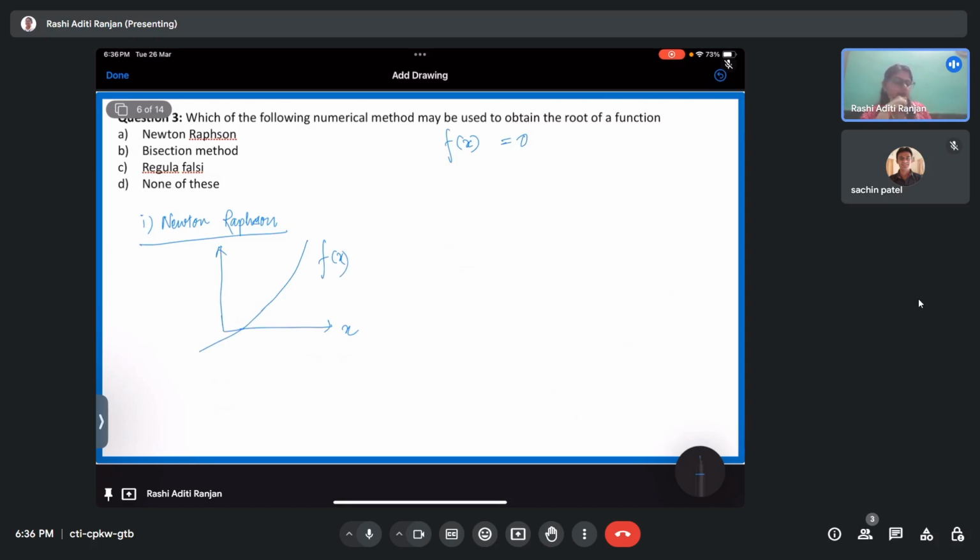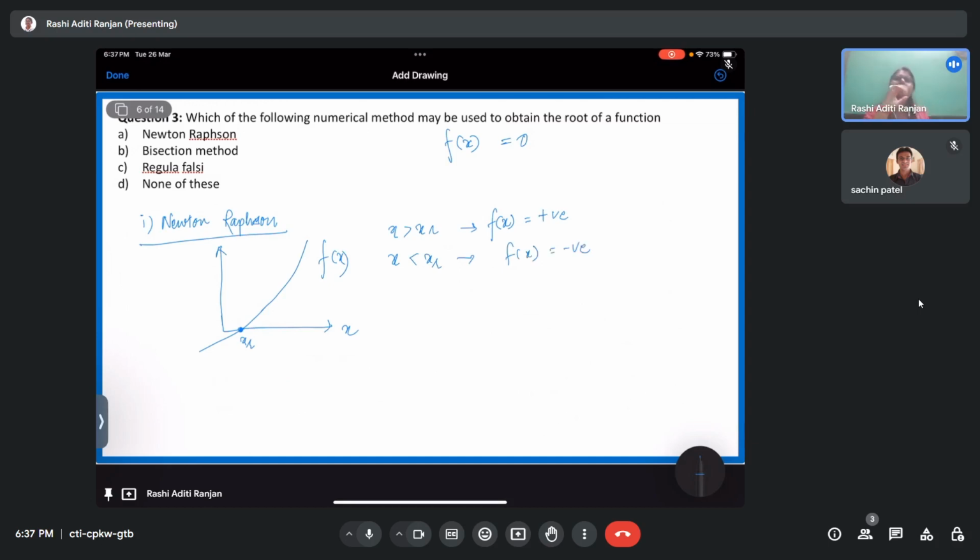Okay, so if you see, this is my xr, which is the root. If my x is greater than xr, my f of x is positive, while if my x is less than xr, my f of x is negative.